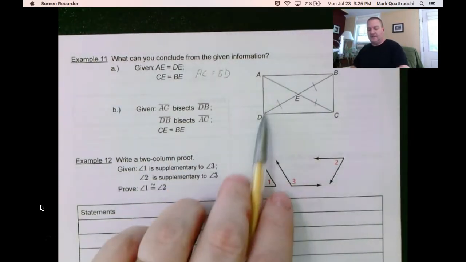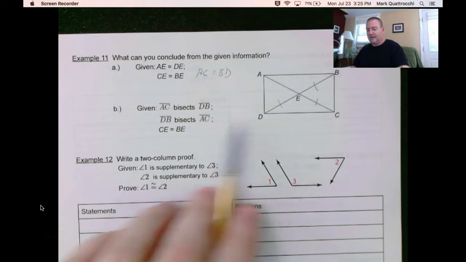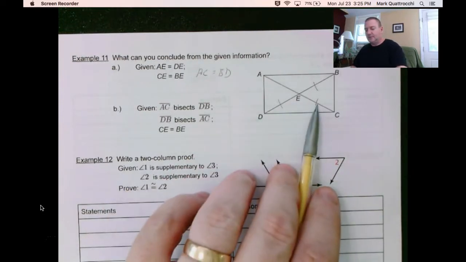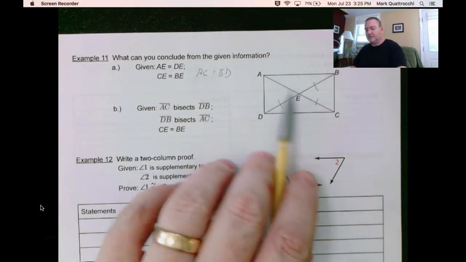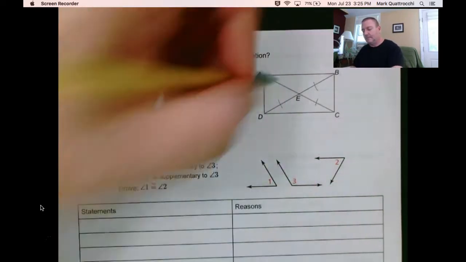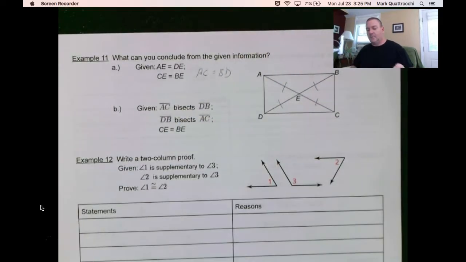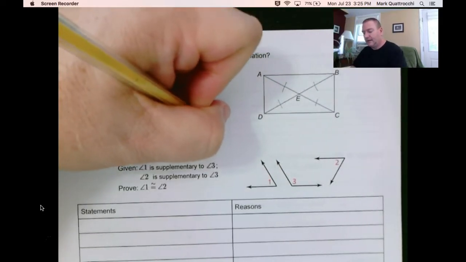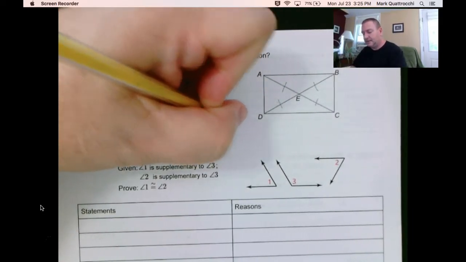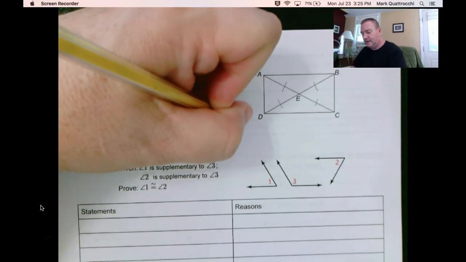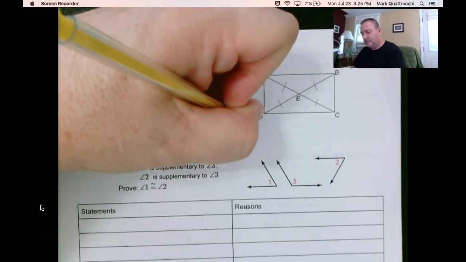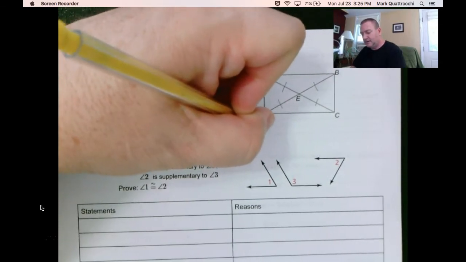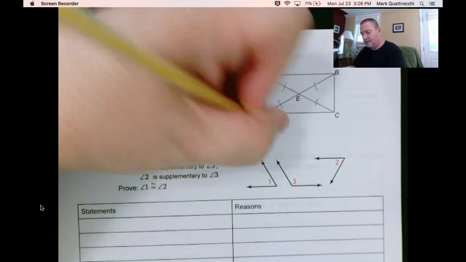DB, segment DB, is bisecting segment AC right here. So it's cutting this segment into two congruent segments. One tick mark, one tick mark. What can I conclude? I can conclude that AE is equal to CE is equal to BE, which is equal to DE.